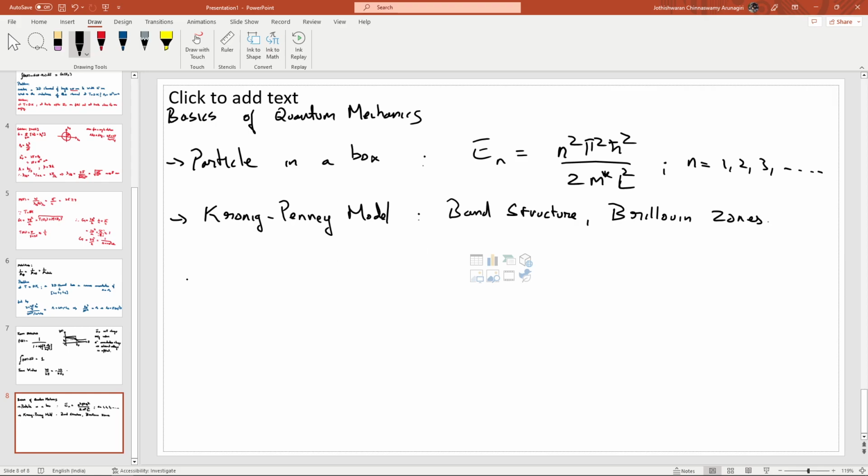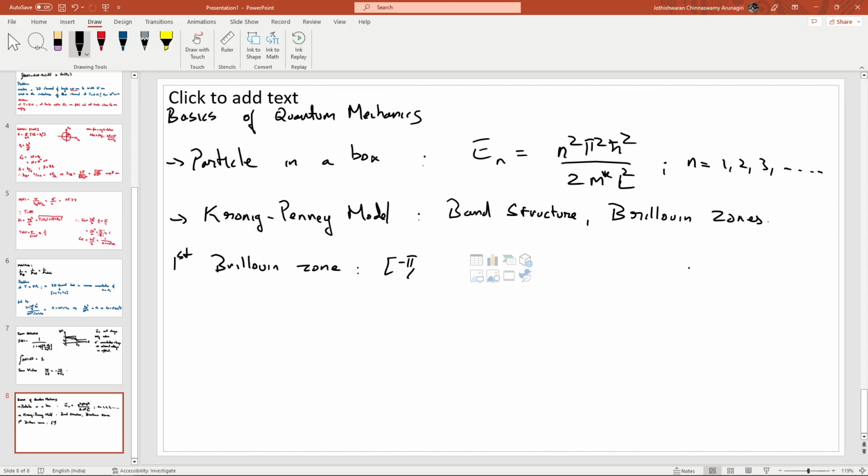So, for a 1D material, the Kronig-Penney model is for a 1D solid only. The first Brillouin zone goes from minus pi by.